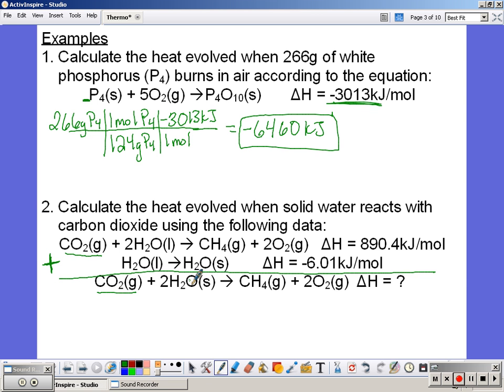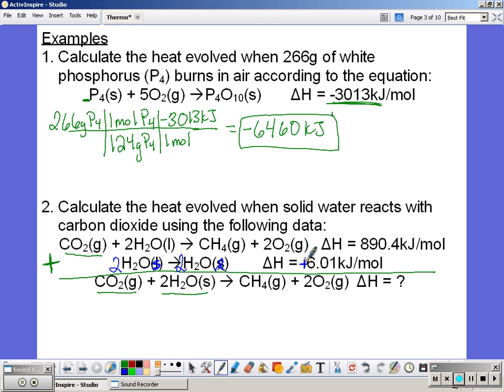I want 2H2O solid as a reactant, and here it's listed as a product. So I'm going to flip it so that water solid yields liquid water, which means I'm going to flip the sign to positive. I also want 2 of those, so I'm going to multiply it all by 2.